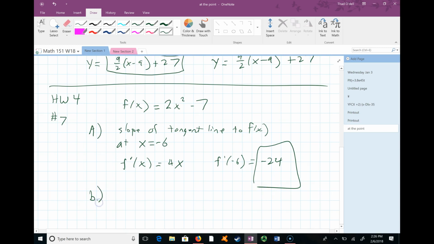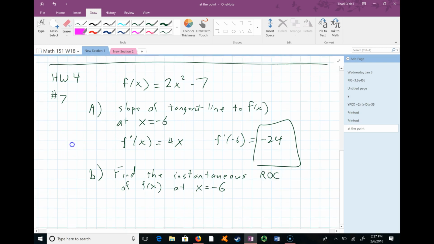Then part B says, find the instantaneous rate of change of f of x at x equals -6.